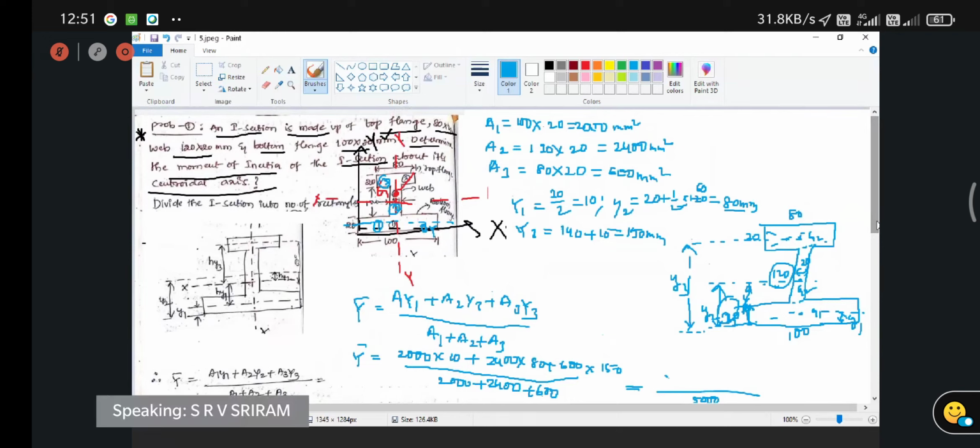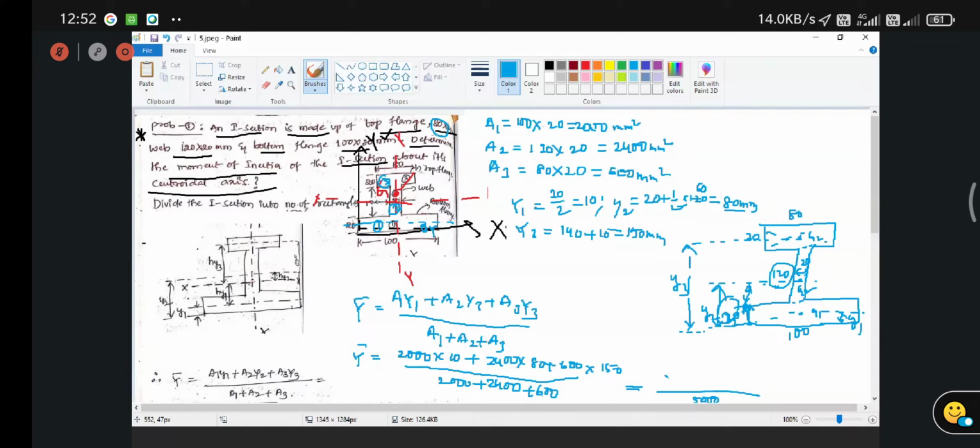So see here, 600. The top flange is 100 by 20, the web width is 120 by 20, the bottom flange is 100 by 20, and this is 80 by 20. Wait a minute. 2000 is the area for the top flange. The top flange is 80 by 20? Okay, the bottom flange is okay.